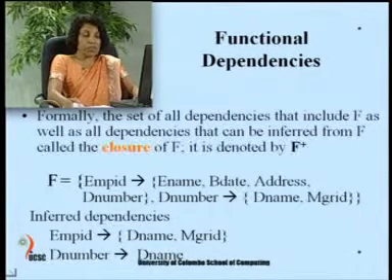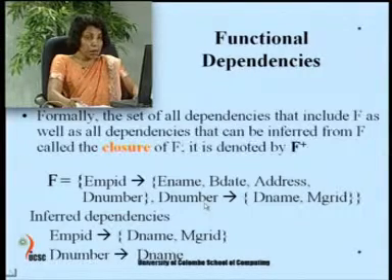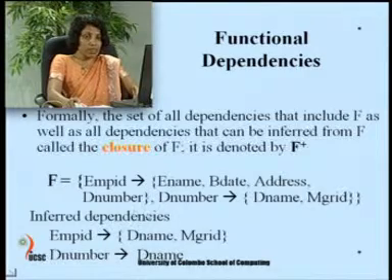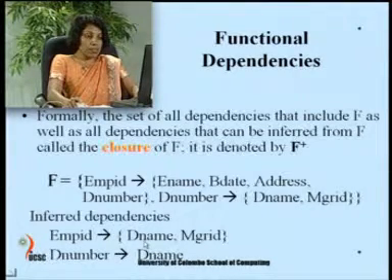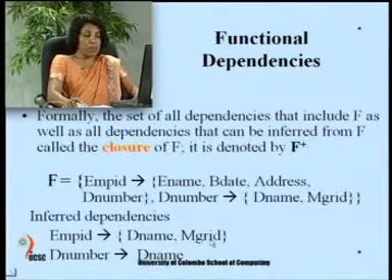So these are the given functional dependencies, and there can be inferred dependencies such as employee ID is the determinant of department name and manager ID, because we can see that there is a functional dependency where department number is the determinant of department manager. So because of transitivity, we can deduce that employee ID would be the determinant of department name and manager ID.